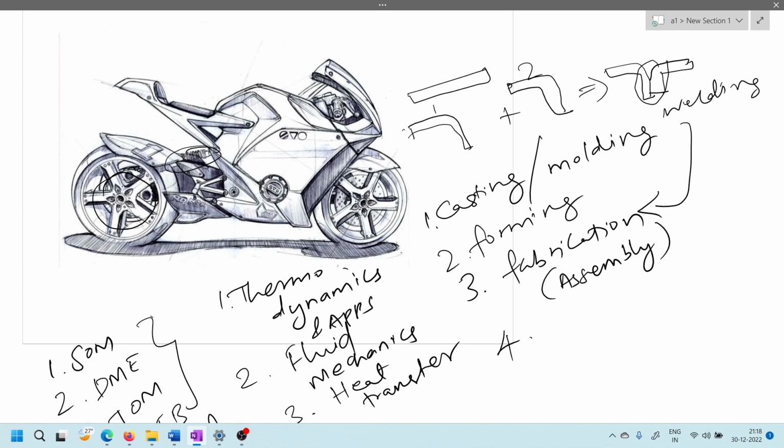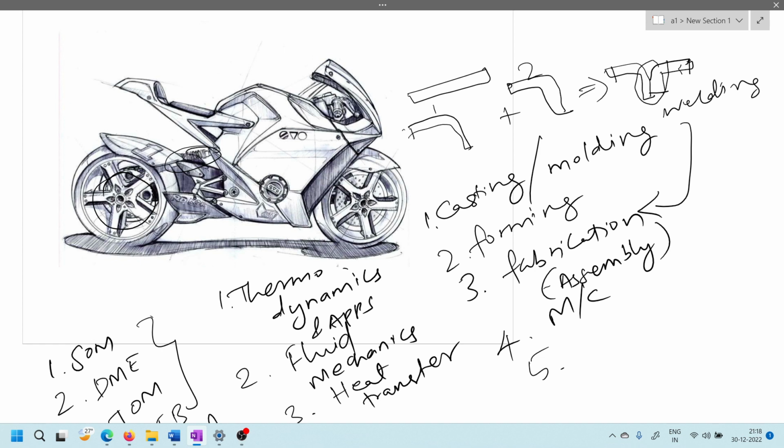Then we always make these kinds of products with some extra size than our requirement. So then we have to cut down this part, so what do we do? We will do machining. Then after machining, we should check the dimensions, right?